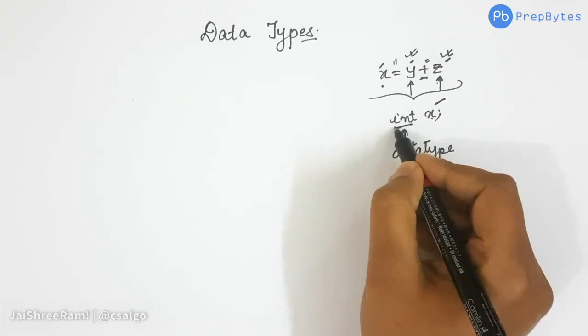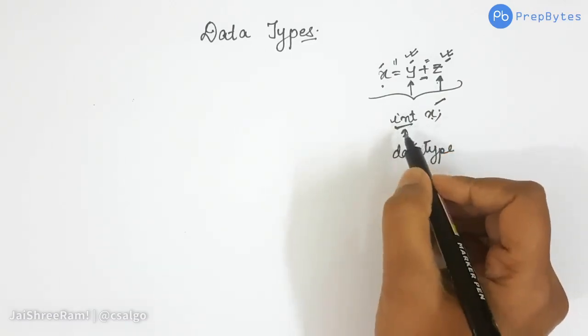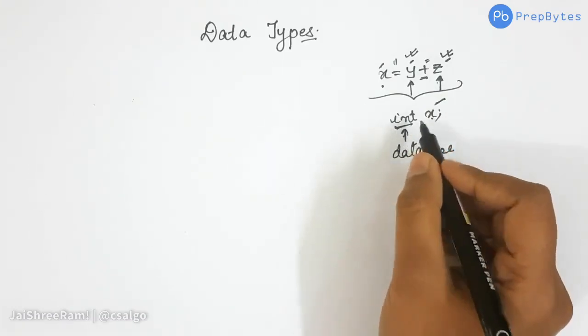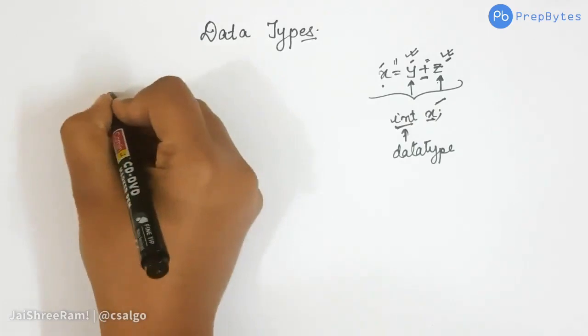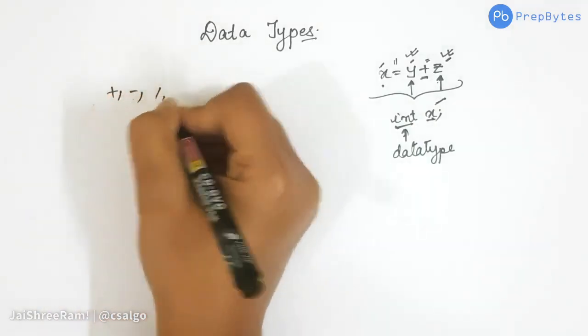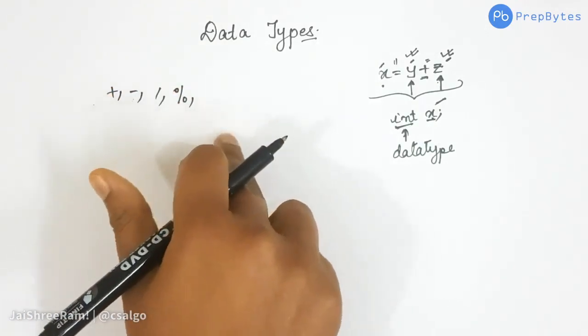Now this tells the compiler that whatever operations are valid for an integer will be valid for x as well. Let's say the operations valid for integer are plus, minus, multiplication, division, modulo. We'll talk about these operators later on.